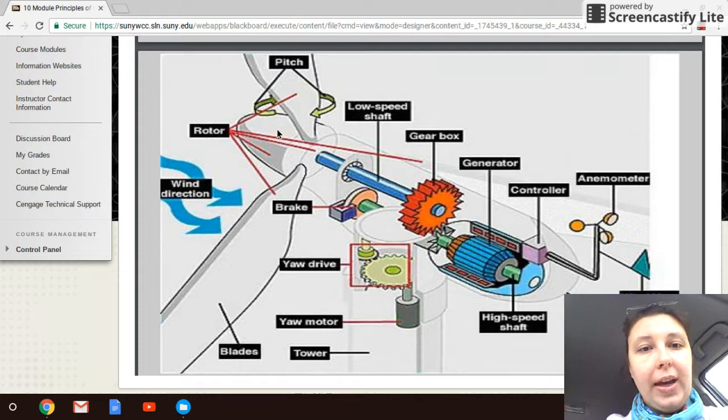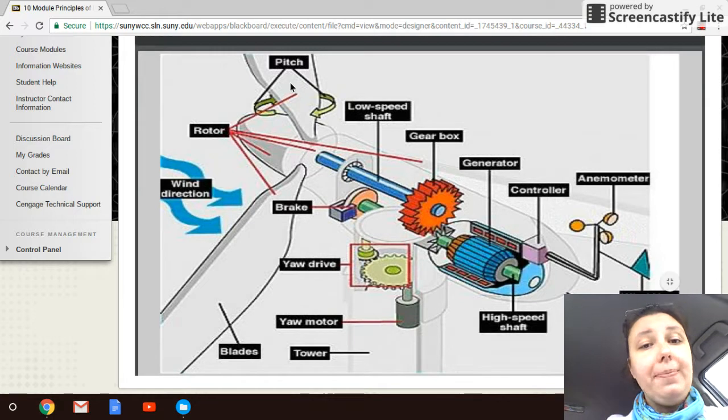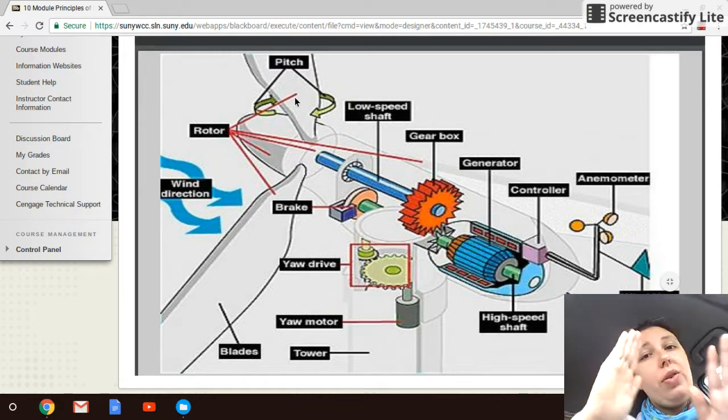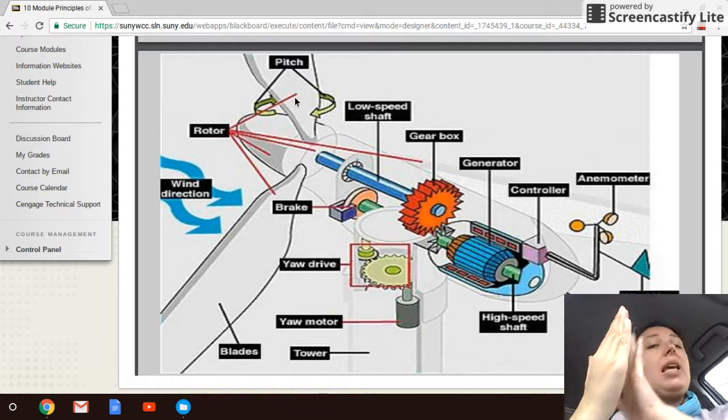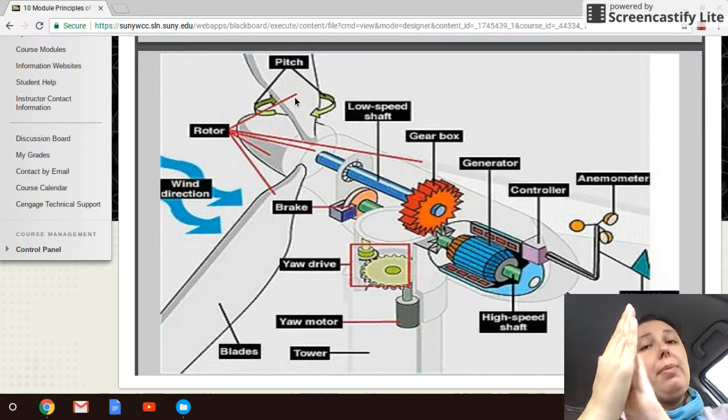So here we go. Here's my rotor. The rotor is the turning system that goes in front of the blades. The blades are pitched, so they're angled just slightly, and that's so that they catch the wind at their optimum potential.